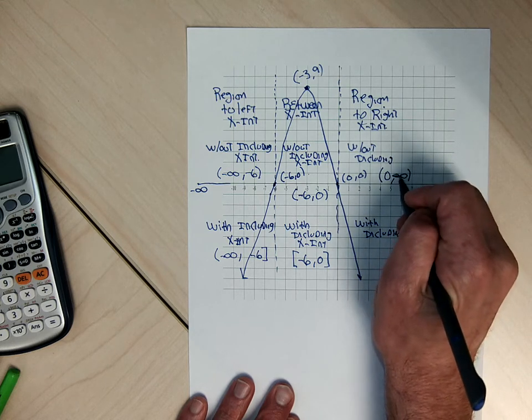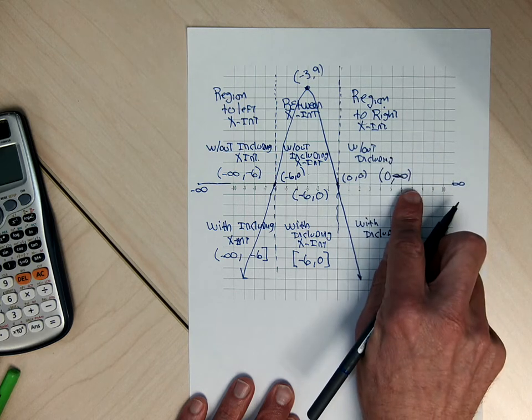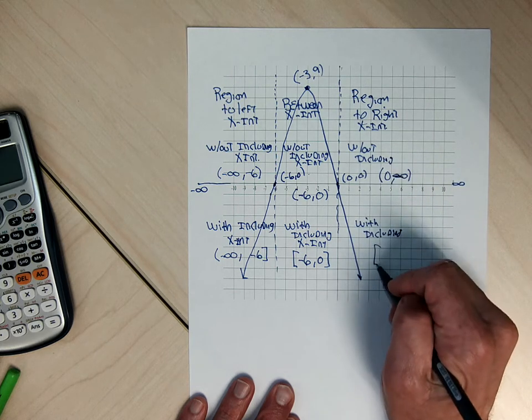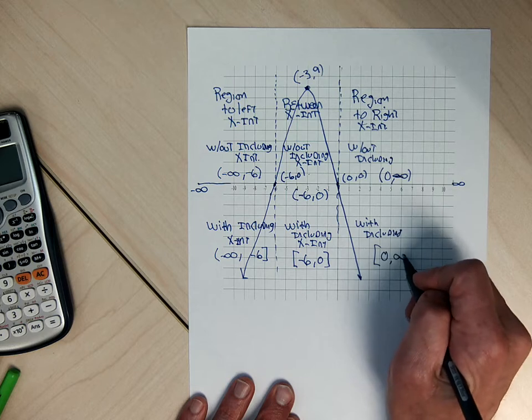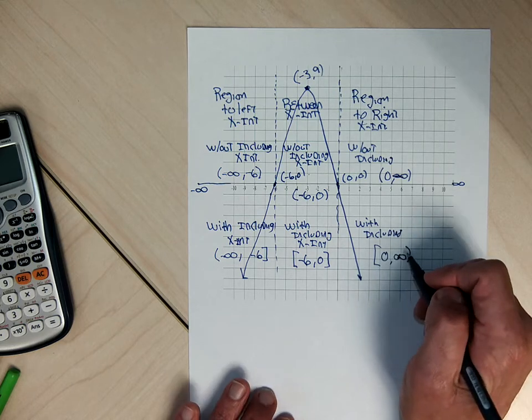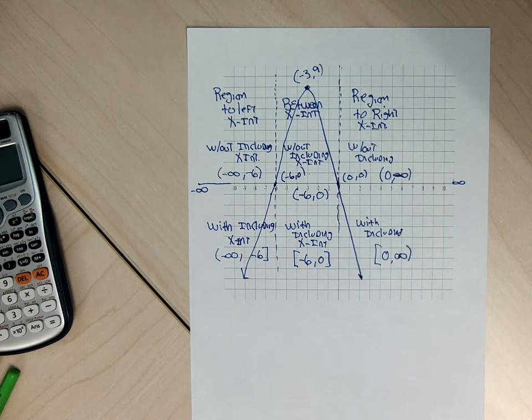If I'm not including the x-intercepts, everything's round bracketed. If I am including the x-intercepts, they are square bracketed. Now I'm going to describe the y's.